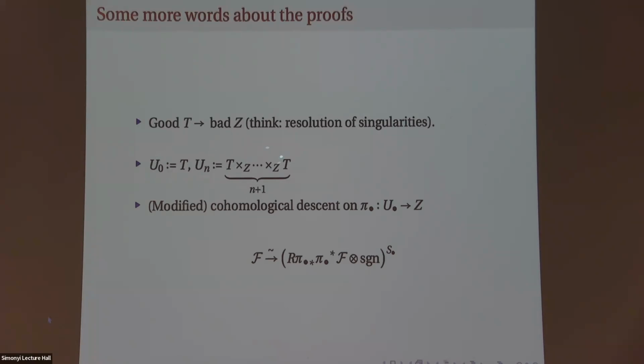It looks like taking fiber products like these should complicate the cohomology, but this modified cohomological descent gives this quasi-isomorphism, where F is a sheaf on Z, and this symbol means that you take the sign action of the symmetric group on this. So traditional cohomological descent would have just this part, but this modified version incorporates this too.